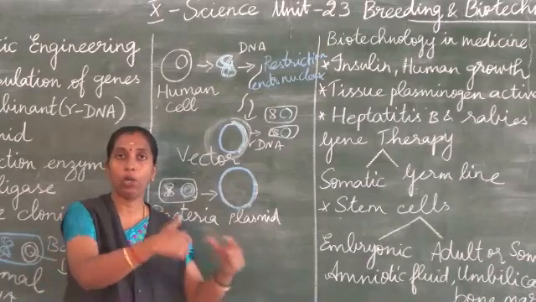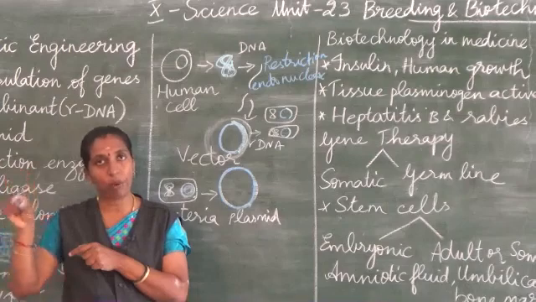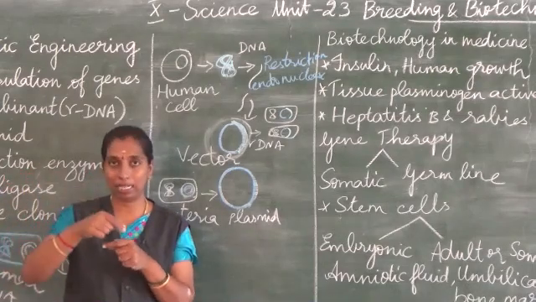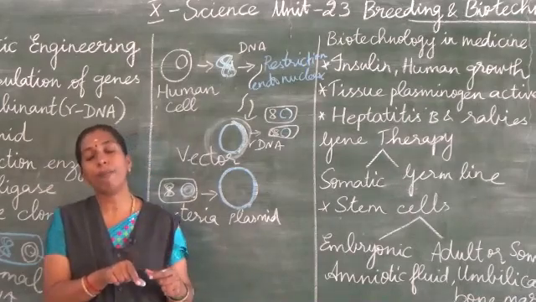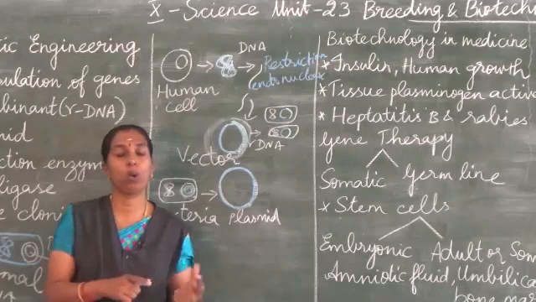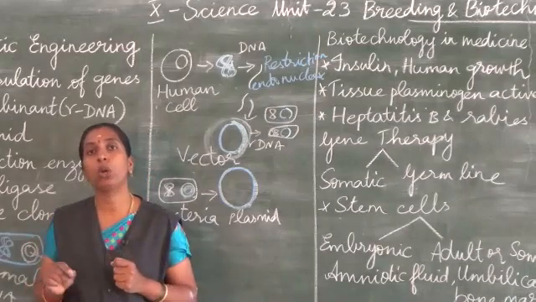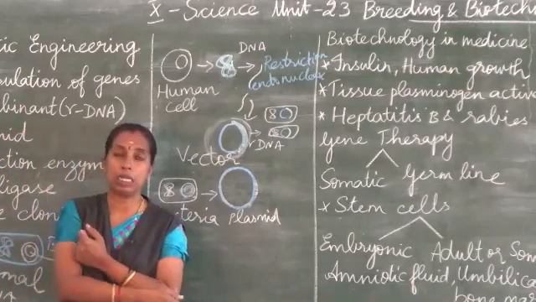It has the ability to multiply. So the desirable gene from any organism that we want to clone will be collected and placed in the bacterial plasmid, and this bacterial plasmid will be allowed to multiply, and desirable clones will be produced. The first cloned sheep was Dolly. It was produced in the Roslin Institute.